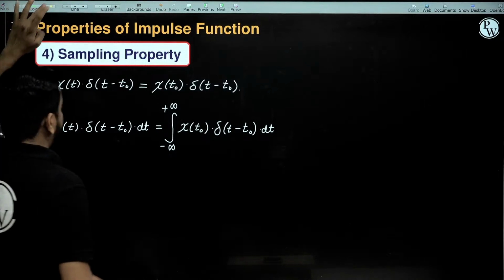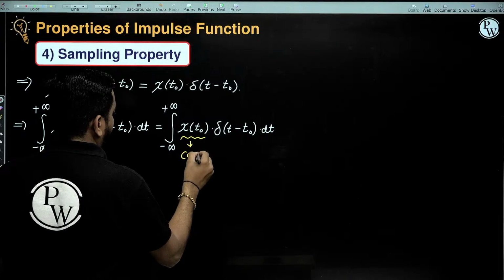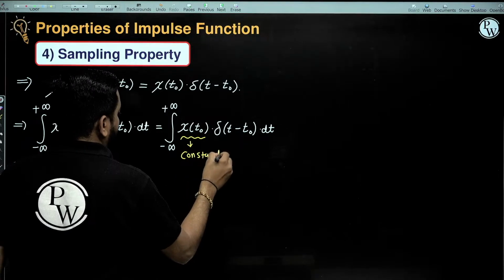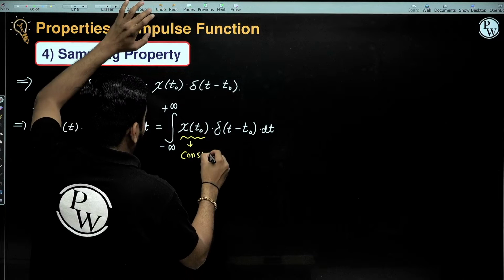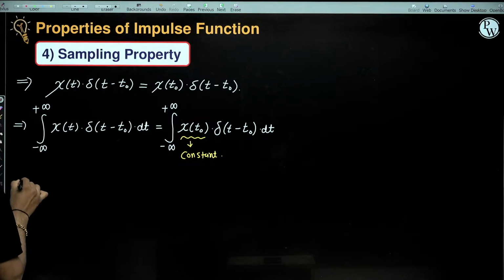Now this is a constant value, guys. This is the constant value, x of t at t naught. So as this is constant, you can take it outside the integration.